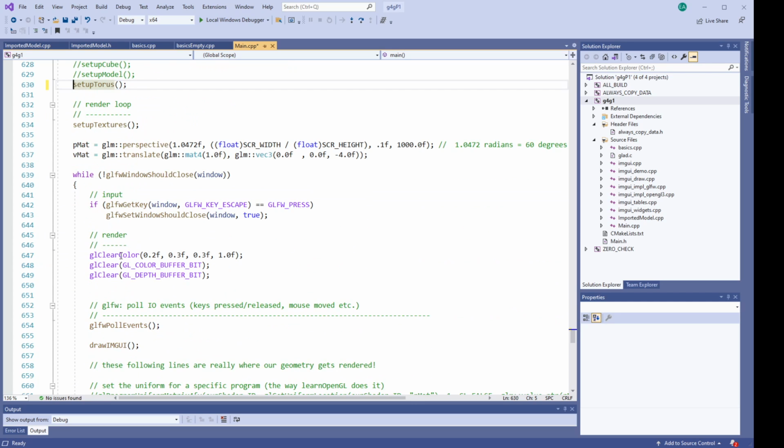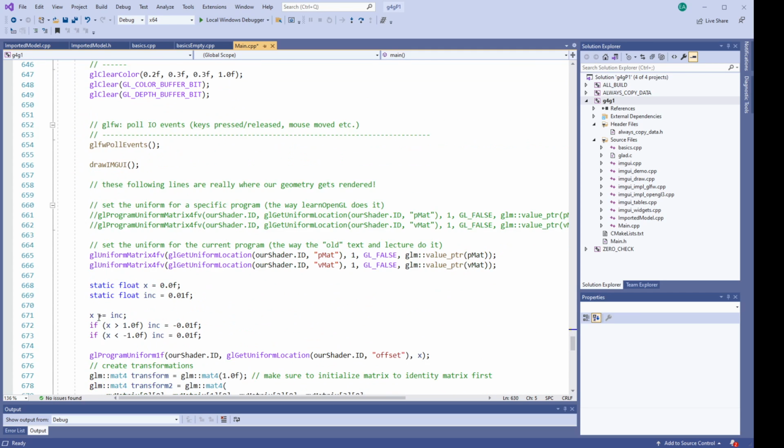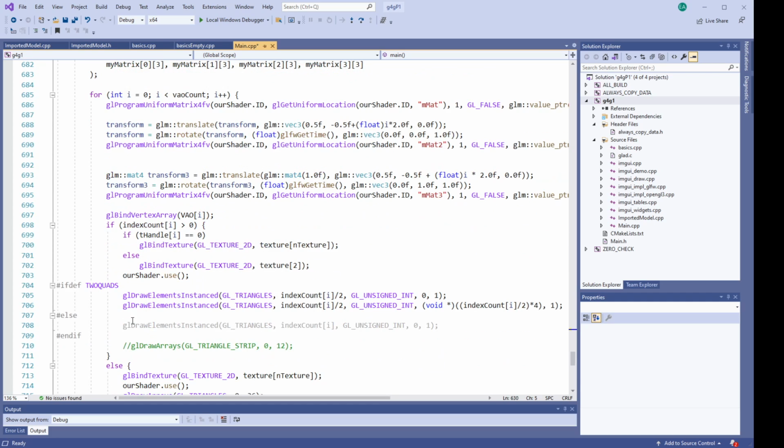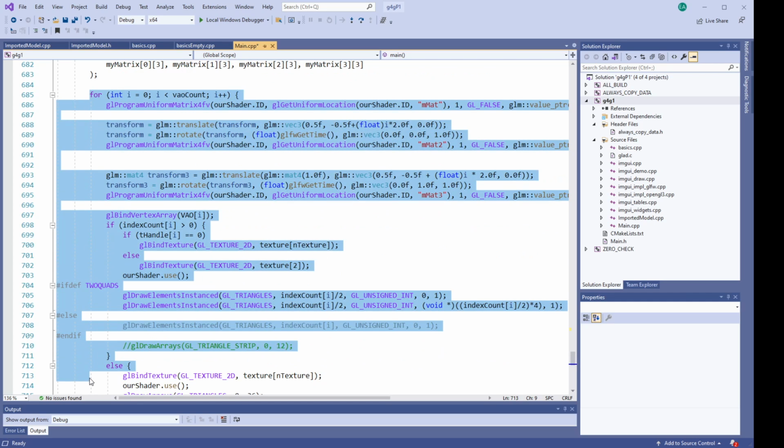And then in my main loop here, after setting the matrices and telling it about the uniform variables, down in here is where things actually get drawn.